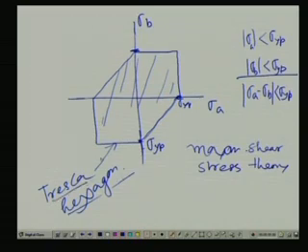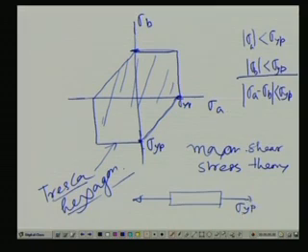Now, this is a very useful tool in designing, and we can find the sigma yield point from the simple tension test.